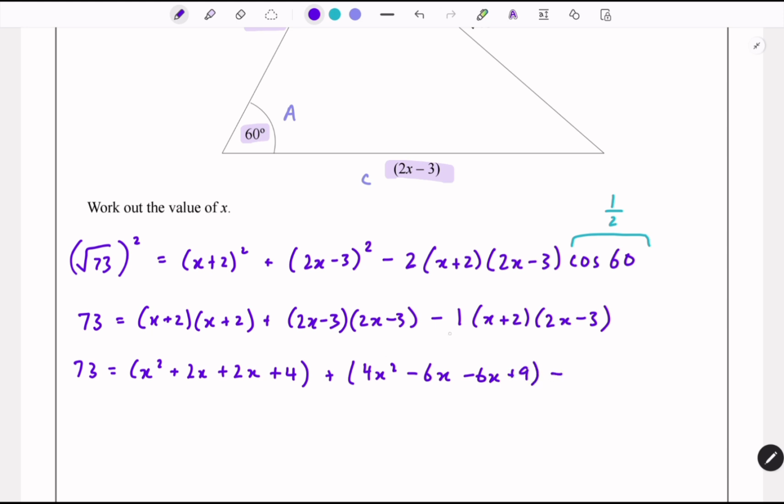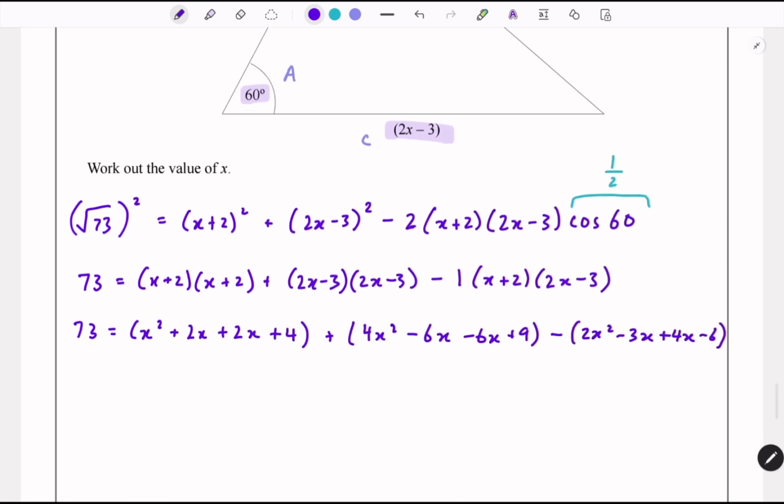Then we've got a minus. Now that 1 does not affect this bracket. So we've got x times 2x, which is 2x squared. X times minus 3 is minus 3x. 2 times 2x is 4x. And 2 times minus 3 is minus 6.